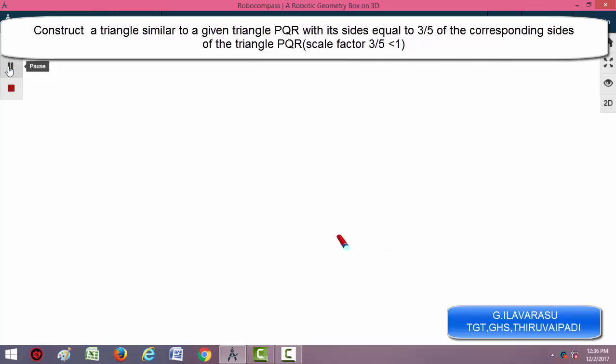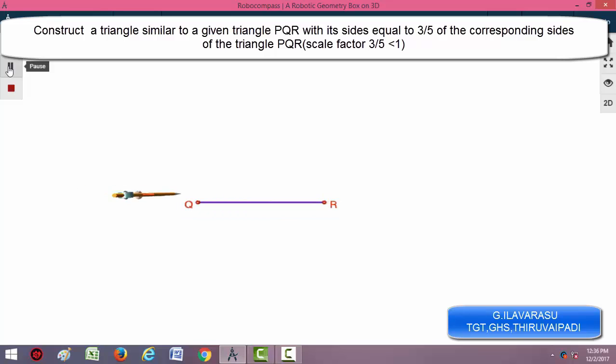So now I am going to construct the base side QR of any measurement. So the base side is constructed now.